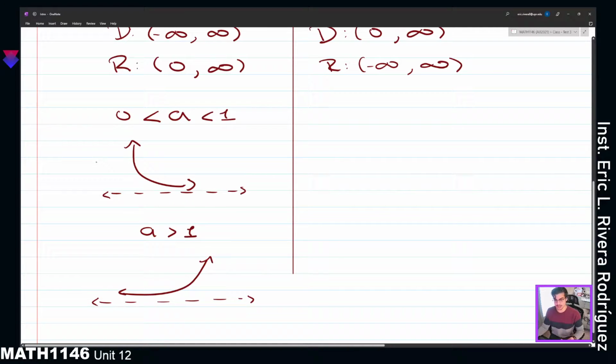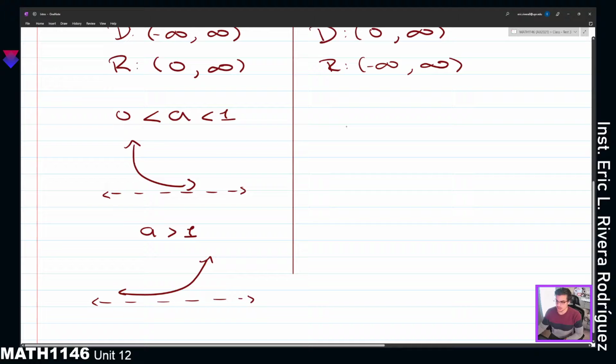If you are interested in those branches, you will be using this type of graph or operations later in those classes. So decreasing when a is between 0 and 1, and increasing when a is greater than 1.